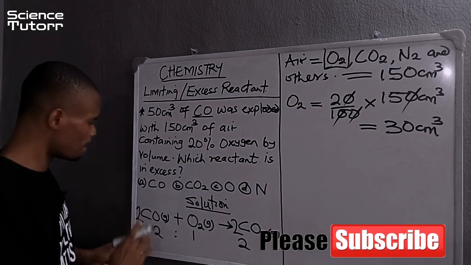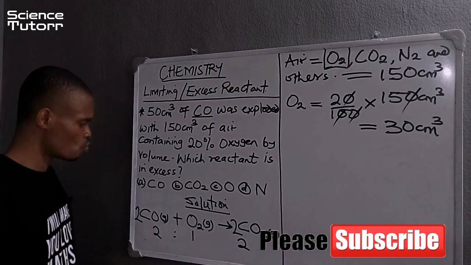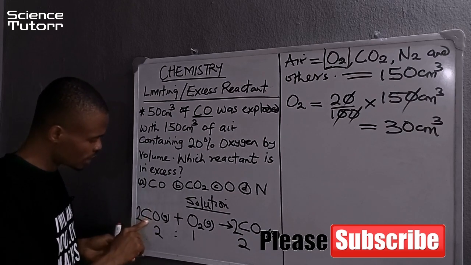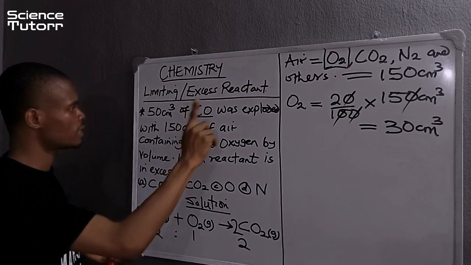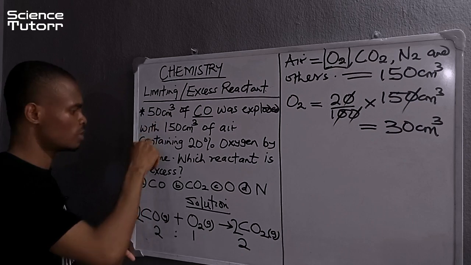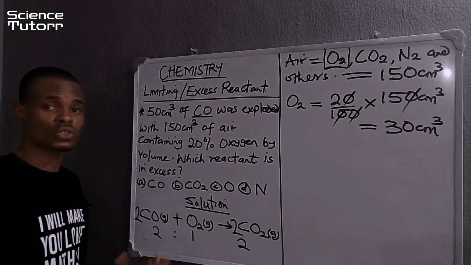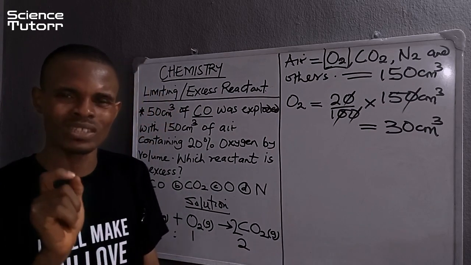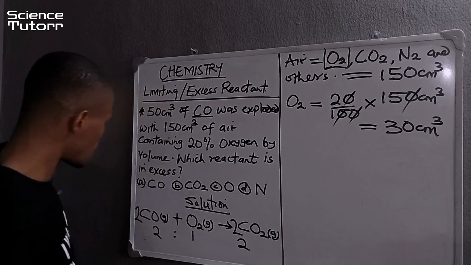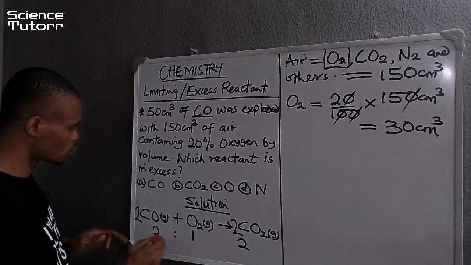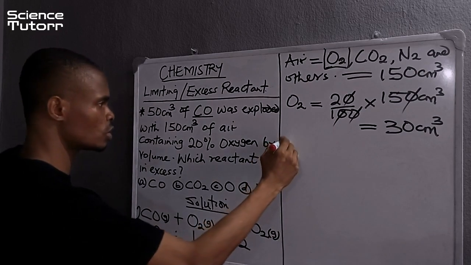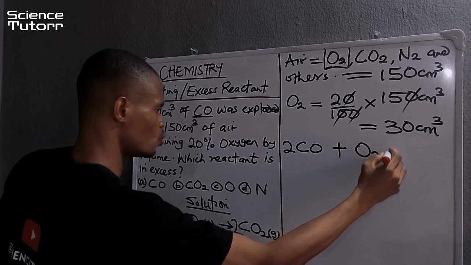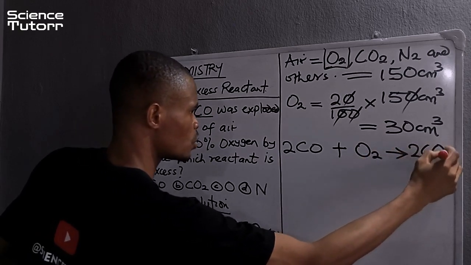Now, based on the ratio, remember the volume of carbon monoxide is given as 50 cm³. Simply applying Avogadro's law, which says equal volumes of all gases at the same temperature and pressure contain the same number of molecules. Let's bring down the equation here for clarity. So 2CO plus O2 will give us 2CO2.